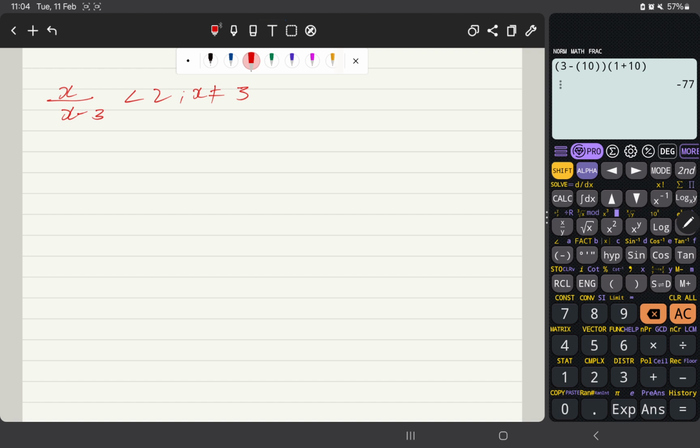Of course, we already see x can never be 3, because once that happens, we will have something like x over 0, which is not real.